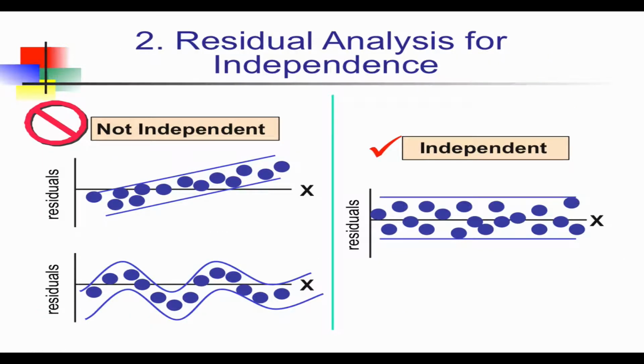Okay, so what is the next assumption, which is independence? Independence means each of the y_i should not impact the y that is in front of it or after it. Each of the y_i, especially the residuals, like this residual doesn't have any impact on the other residuals. So this is called independence.